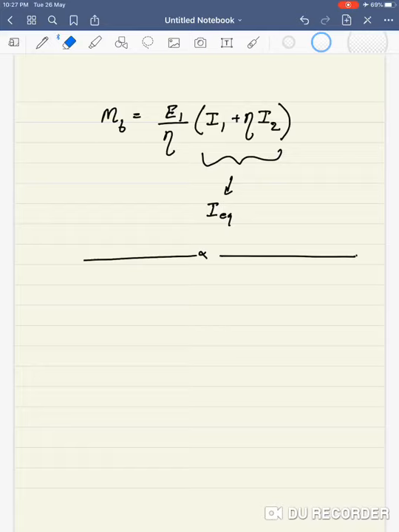So now today what we want to discuss is the case where you have a beam which is simultaneously experiencing a shear force and bending moment. Okay.